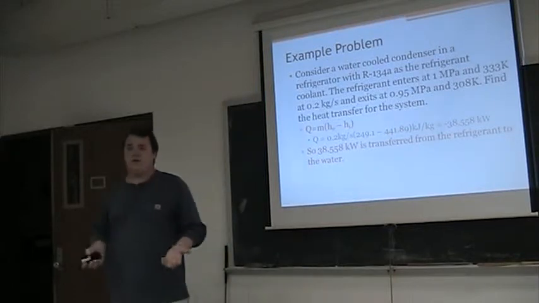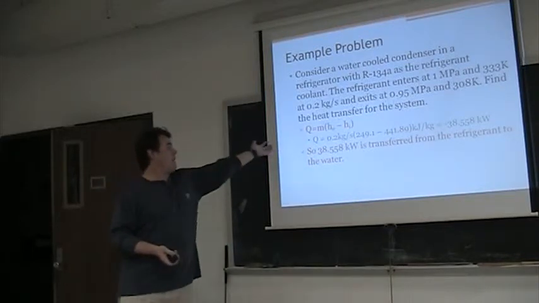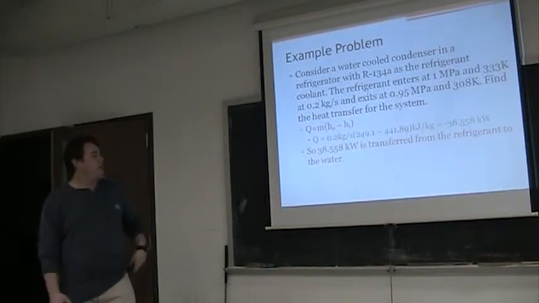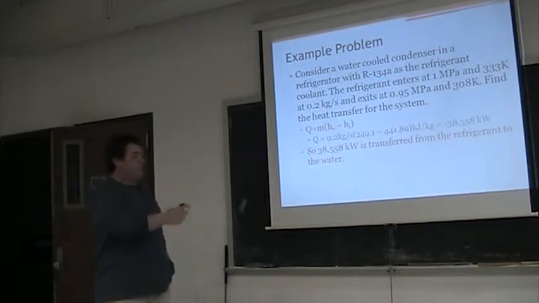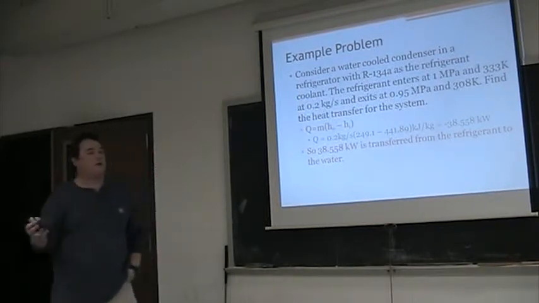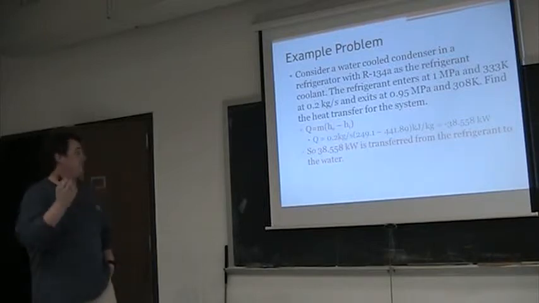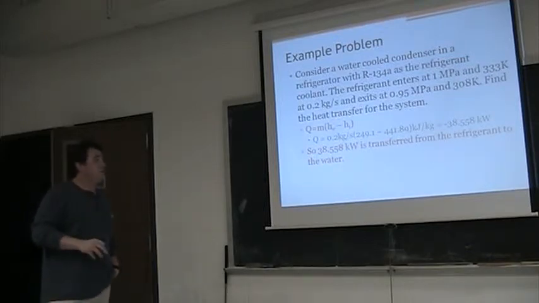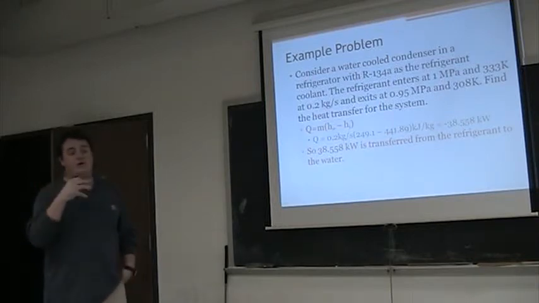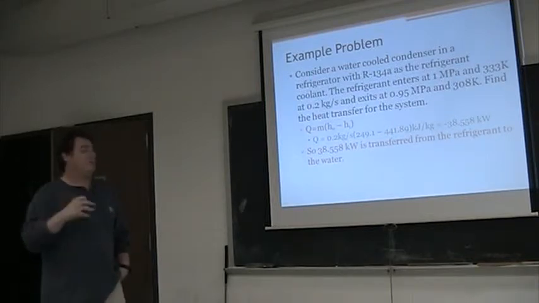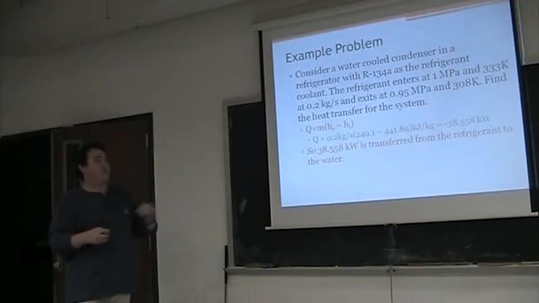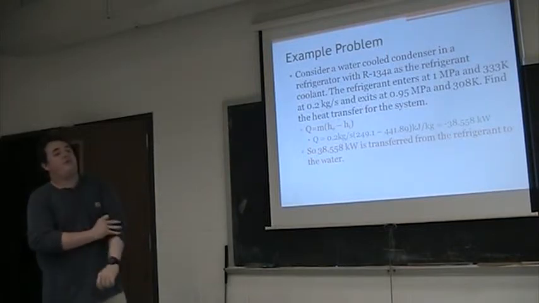So we're going to try to find that heat transfer. By the equation from the previous page, we can just go to our thermodynamic tables, and it's a quick, easy plug and chug method of finding what's our heat transfer from the refrigerant to the water, and we find that was 38.55 kilowatts.